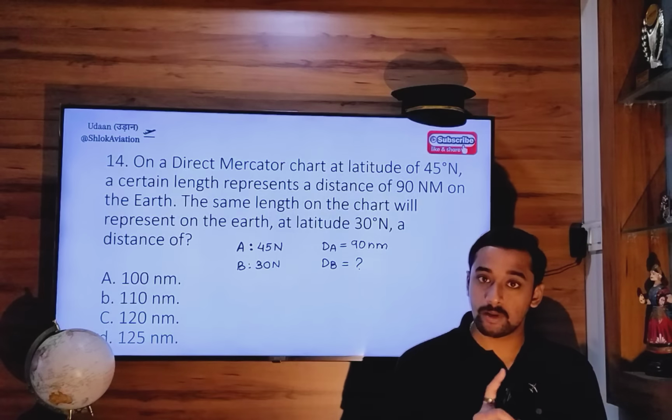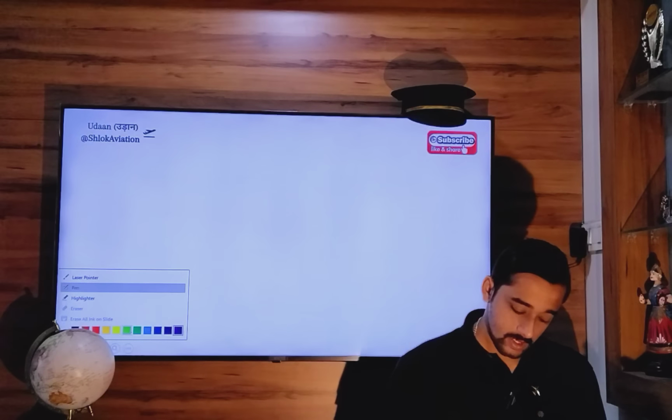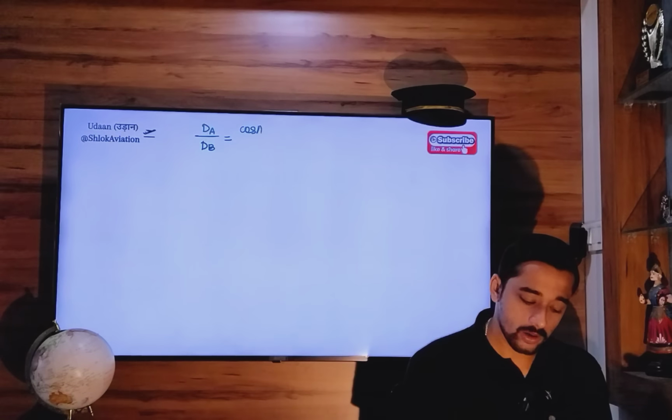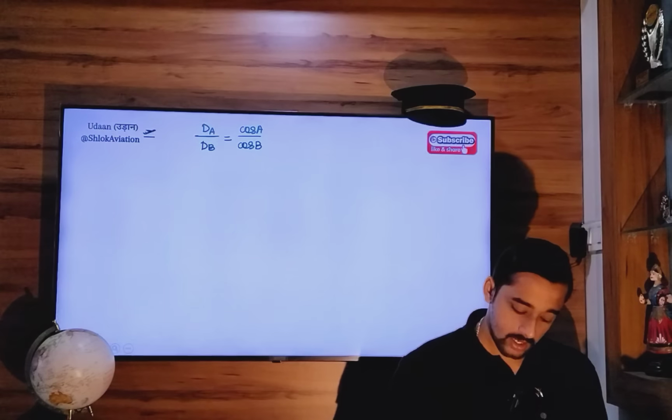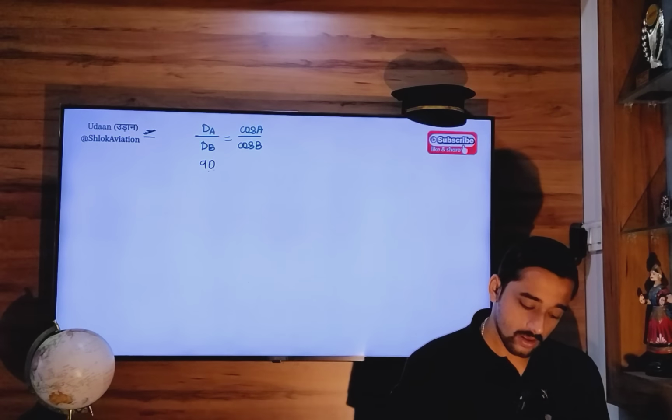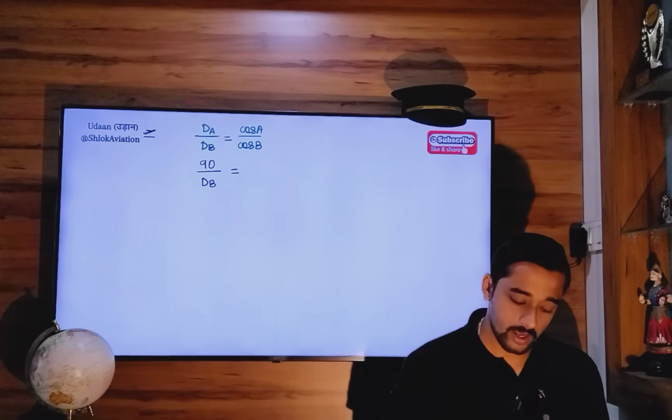So again, use the previous formula, which is distance A upon distance B is cos A upon cos B. Now distance A is 90, distance B is unknown, cos A is cos 45, cos B is cos 30.